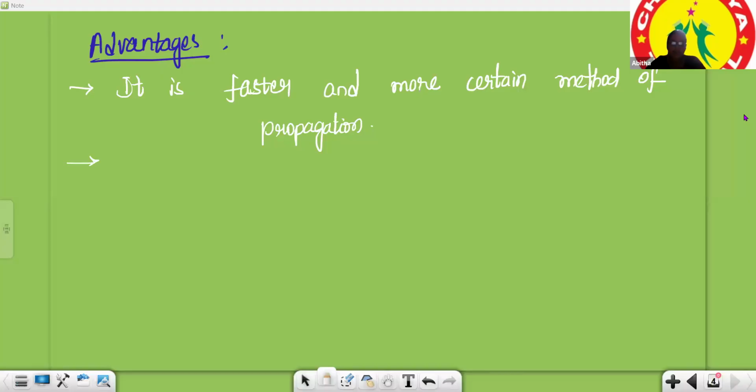Okay, Shreyans, you can write advantages. So it is a faster and more certain method of propagation. And another advantage we have seen earlier also: whatever new plant you get will be exactly the same. It is identical to the parent.